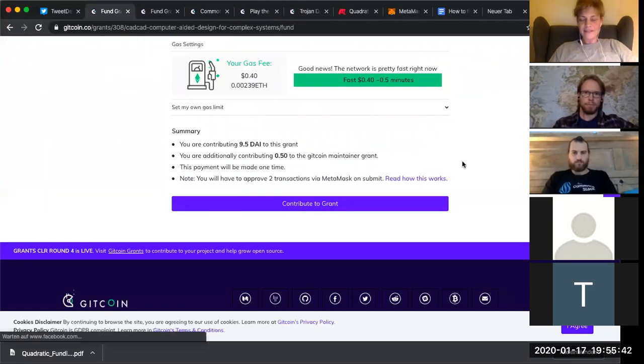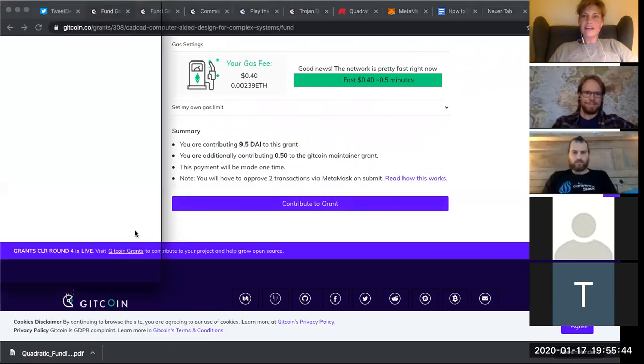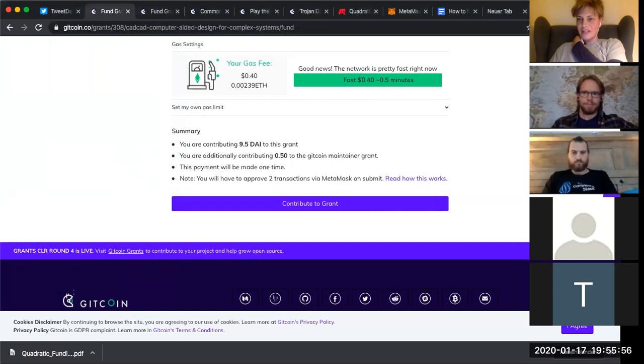You have to confirm that at the MetaMask interface, I think twice. And then the transaction is running and hopefully confirmed in a couple of seconds.